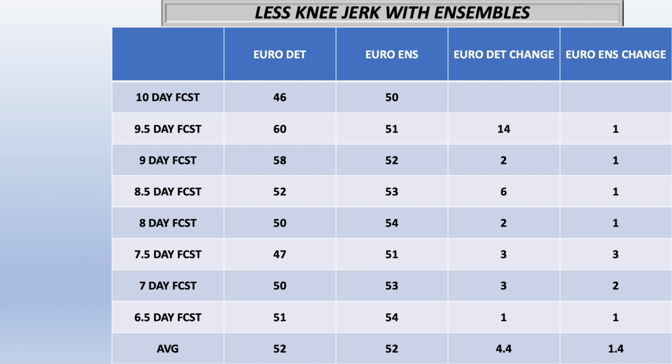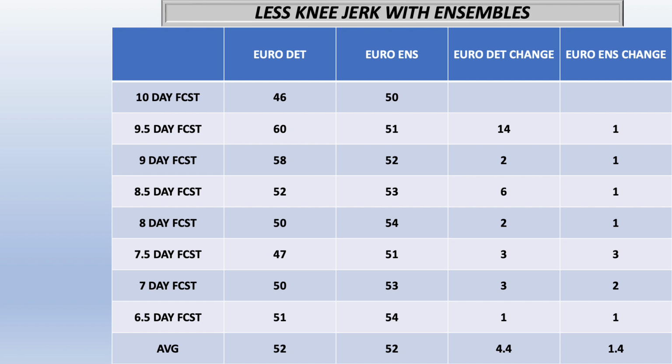So here is an example of a temperature forecast from the European deterministic forecast. In other words, the European operational model, one solution, as opposed to the ensemble mean of all 51 ensemble members. You can see that there was a huge jump from a 10-day forecast to a 9.5-day forecast, from 46 to 60.